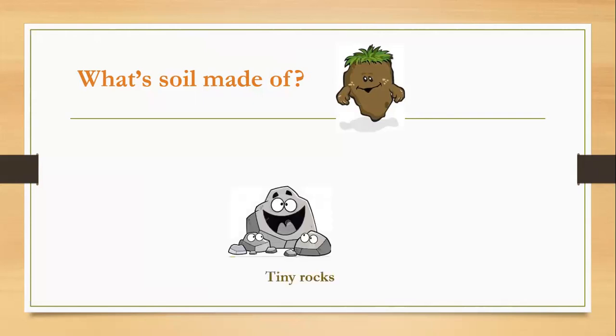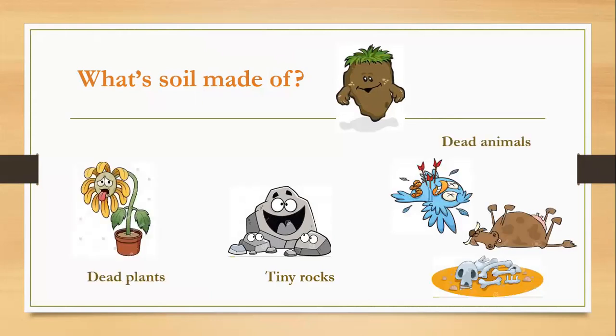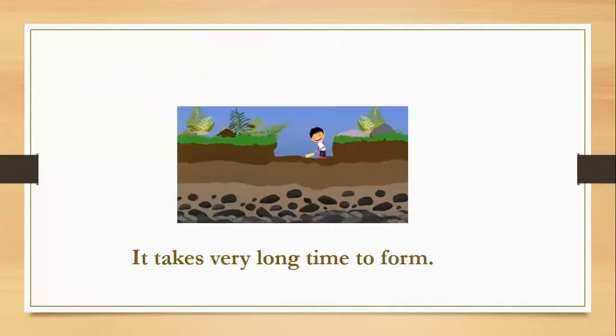First, it is made from tiny rocks. It is made from dead animals and dead plants. So the soil is made from three things: tiny rocks plus dead animals plus dead plants. Now we are going to understand how those three things make the soil.